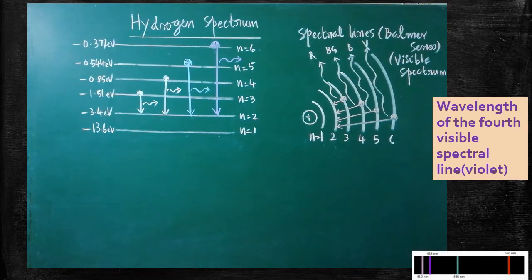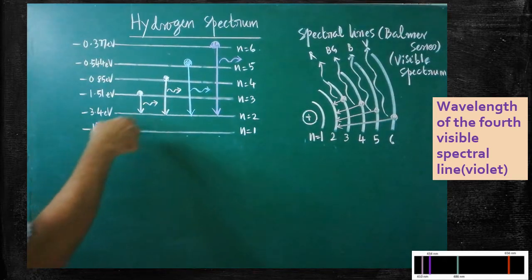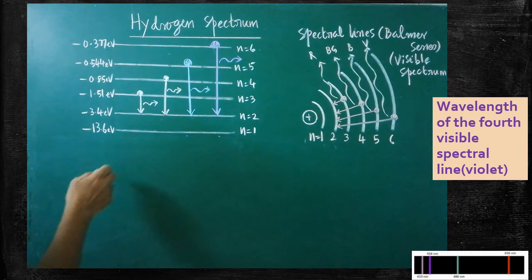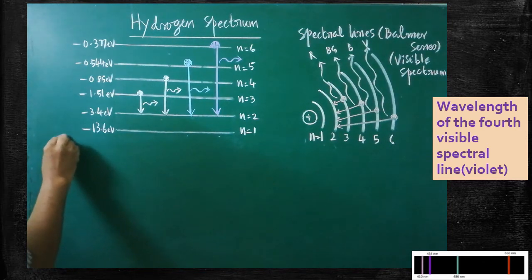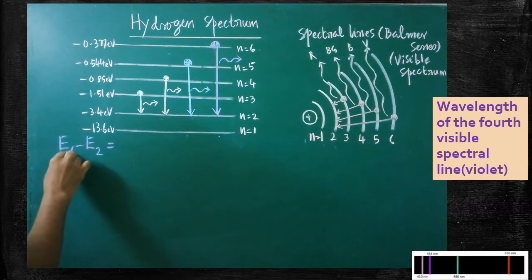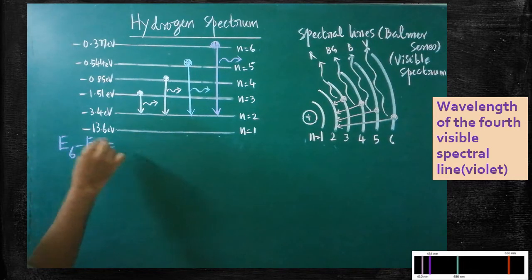Now we are going to calculate the wavelength of the emitted photon. How will you calculate? Look at the energy level diagram. The electron moves from the 6th orbit to the 2nd orbit. The formula is E6 minus E2, energy of the 6th orbit minus energy of the 2nd orbit.